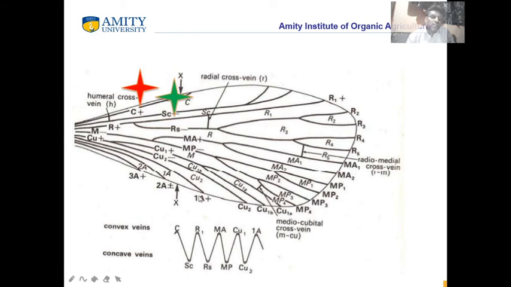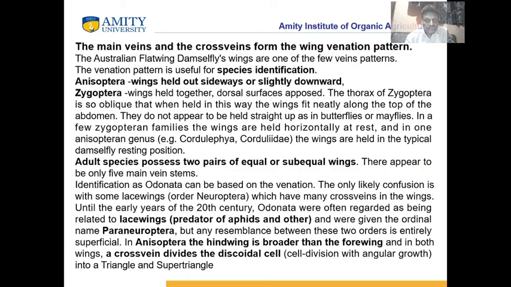So these are the cross veins connecting the two longitudinal veins. The main veins and the cross veins form the wing venation or wing pattern.